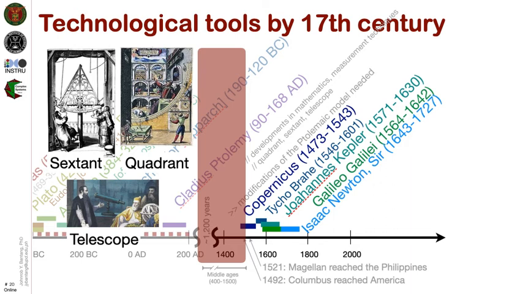The increasingly accurate astronomical data is brought about by new technological tools such as the quadrant and the sextant. The sextant and the quadrant provided Tycho Brahe the opportunity to record vast amounts of data on the positions of the planets and the stars over a long period of time.